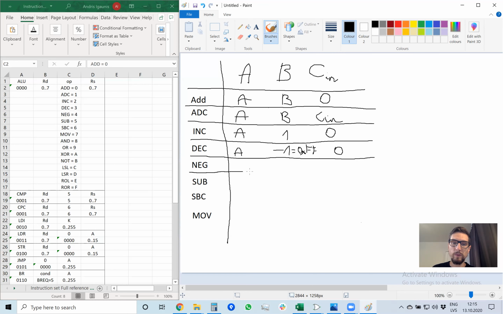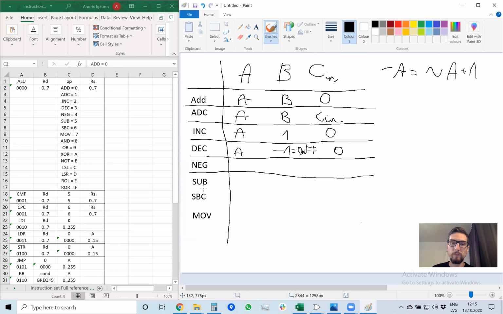Next is negate. How do we calculate the negative number? As written previously, minus A is all bits of A inverted plus 1. This is the formula to calculate the negative number from a positive number: invert all bits and add 1.